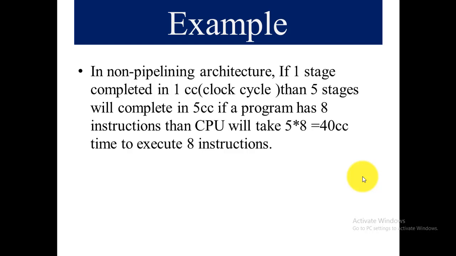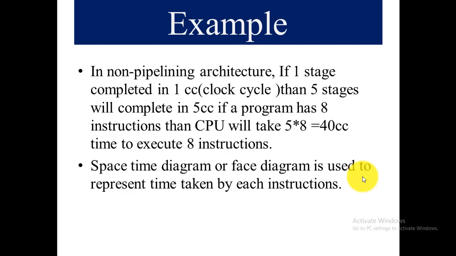So if a program has 8 instructions, how many clock cycles will the CPU take? If we multiply 8 by 5, it has 40 clock cycles. It takes 40 clock cycles to execute 8 instructions.